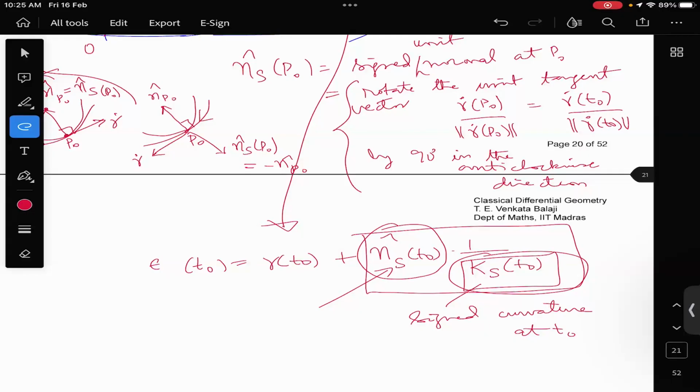This 1 by Ks will now be minus 1 by r t naught or plus 1 by r t naught, depending on whether this signed unit normal is pointing in the direction of the geometric normal or away from it. If it's pointing in the other direction, you will get a minus sign. That minus sign I am absorbing in the curvature. And so now comes the big deal. As it stands, this seems to be only a game of adjustment.